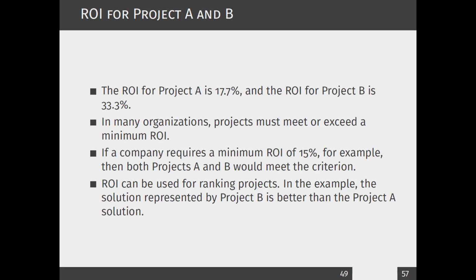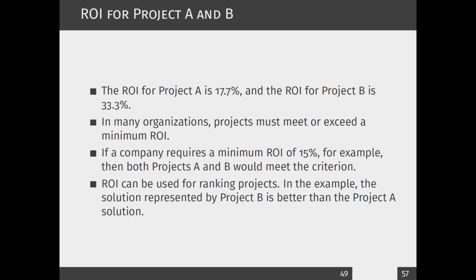For example, let's say the company specified a minimum ROI of 15%. What do you think? Project A, we have 17.7. That means it exceeds the minimum ROI. It's good.